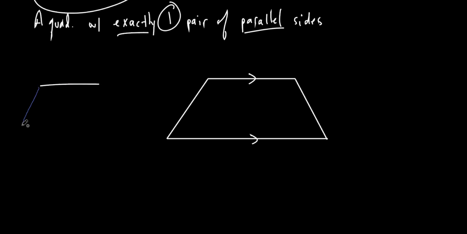A parallelogram has two pairs. Right, so there's one pair and there's a second pair. So this is a parallelogram. This only has one pair of parallel sides, so this is a trapezoid. We got it? All right.